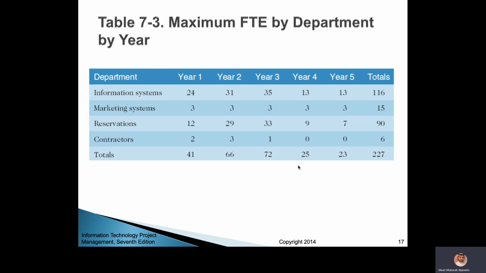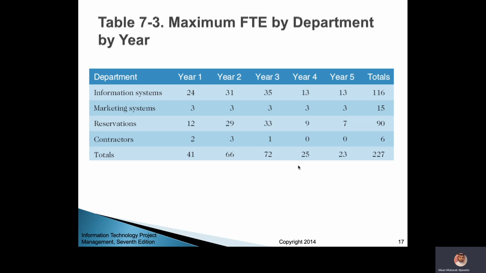So at the end of the month you pay them 160 times how much you pay them per hour, say 20 dinar, so you multiply 20 by 160, and then you pay them. So that's the cost of them. That's the FTE cost.